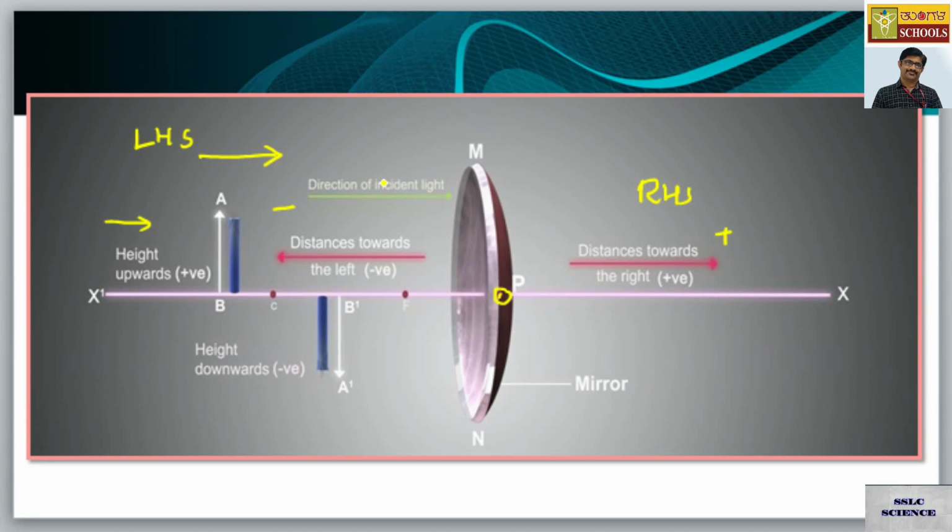And the distances perpendicular to the principal axis, which are above the principal axis, are taken positive, and the portion below the principal axis is taken negative. On both sides it is going to work.